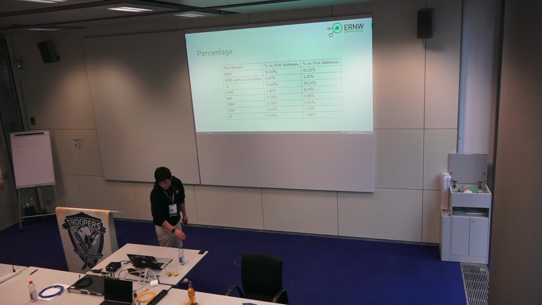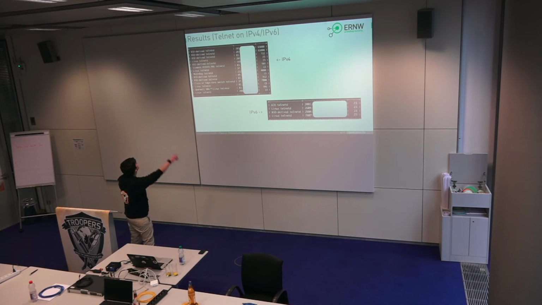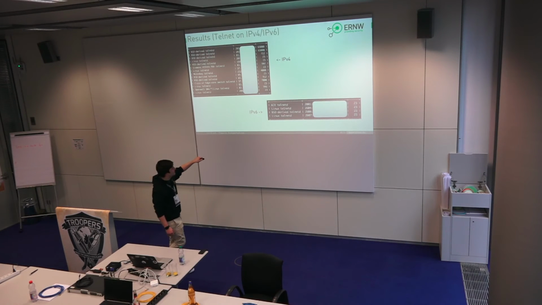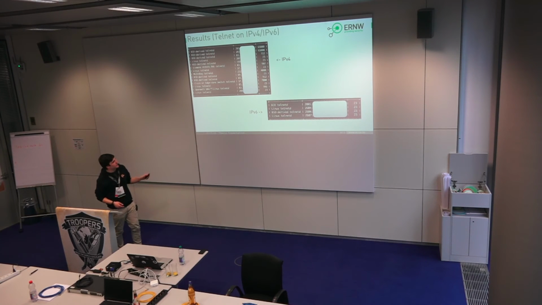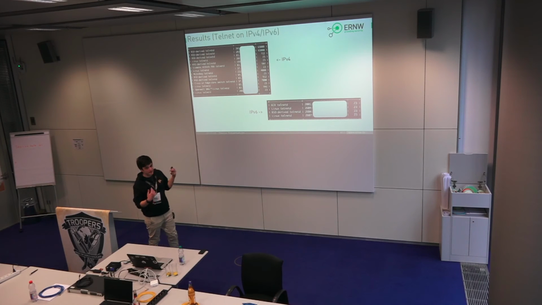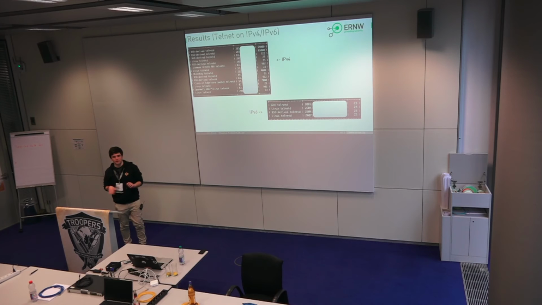In the next step, I looked at the Telnet I found a little more closely. Those were the ones I was able to identify as actual Telnet services on IPv6. Only a few. I wasn't trying to access them because I don't want to violate any privacy or anything.